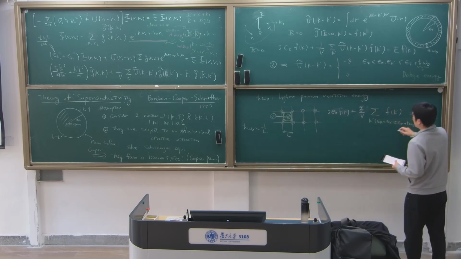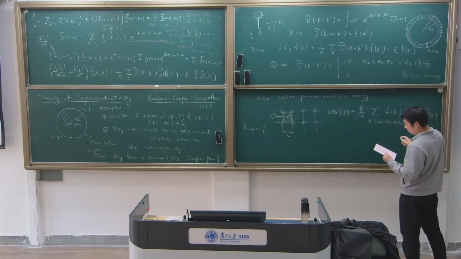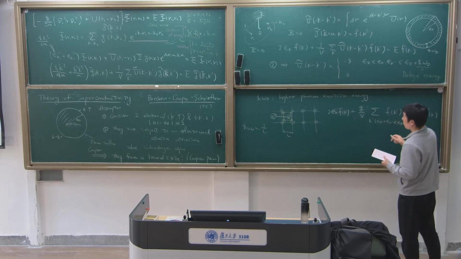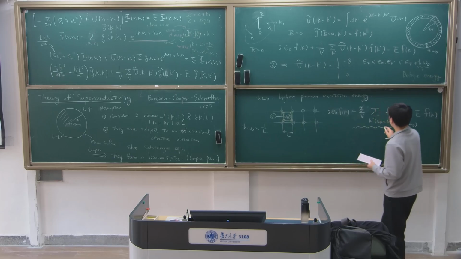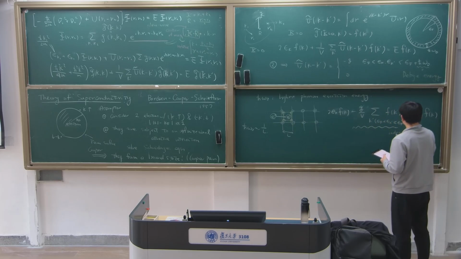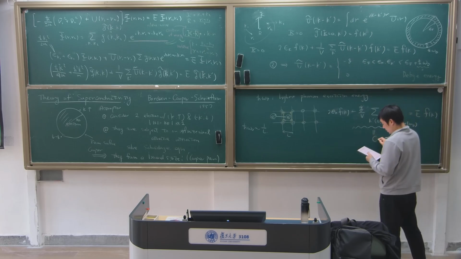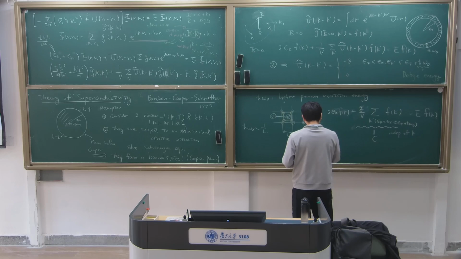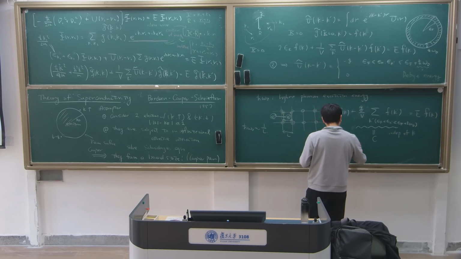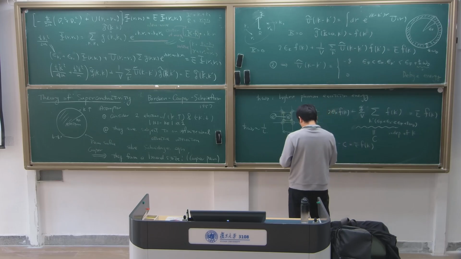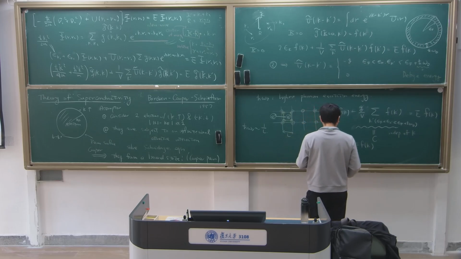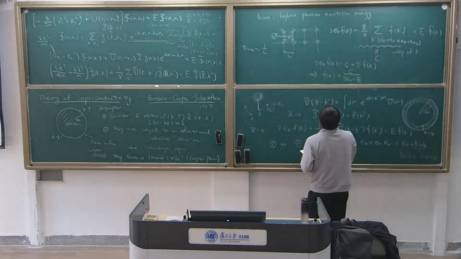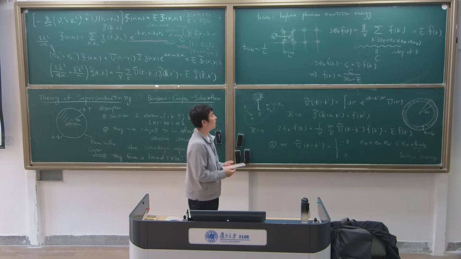And then you realize this part is independent of K. So I call this one C. Then what you get is that epsilon K, F of K, minus C, is equal to E times F of K. This means that F of K is equal to C over 2 epsilon K minus E. It's a very simple way of solving.